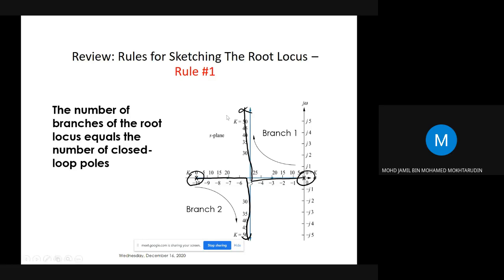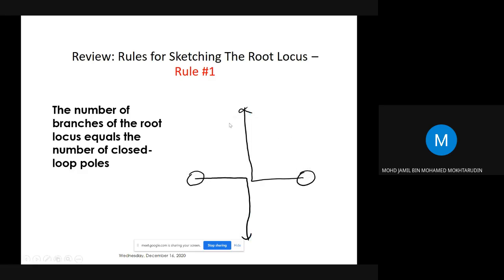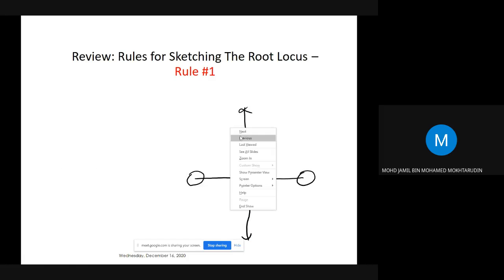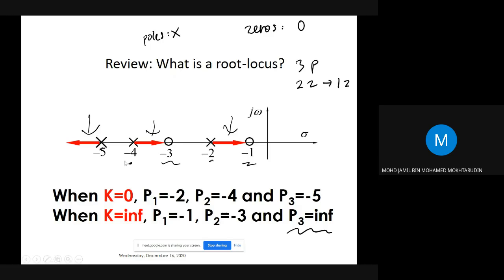Okay, so let's look at the previous example. So here in the previous example, because you have 3 poles, -5, -4, and -2, you are going to expect that there are 3 branches. Okay, so the first branch is this red arrow here.